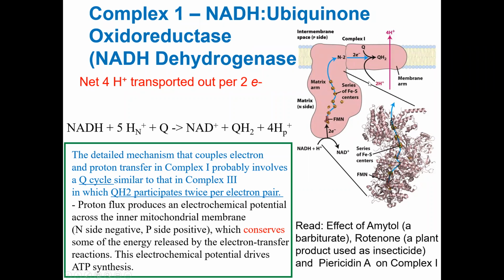Those 2 processes are coupled. That's what complex 1 does beautifully. So if you look at the overall reaction, the balanced equation is shown here: NADH plus 5 protons from N side plus ubiquinone going to NAD plus the reduced form of ubiquinone, which is QH2, ubiquinol, plus 4 protons. They are trying to balance the charge in the P side.